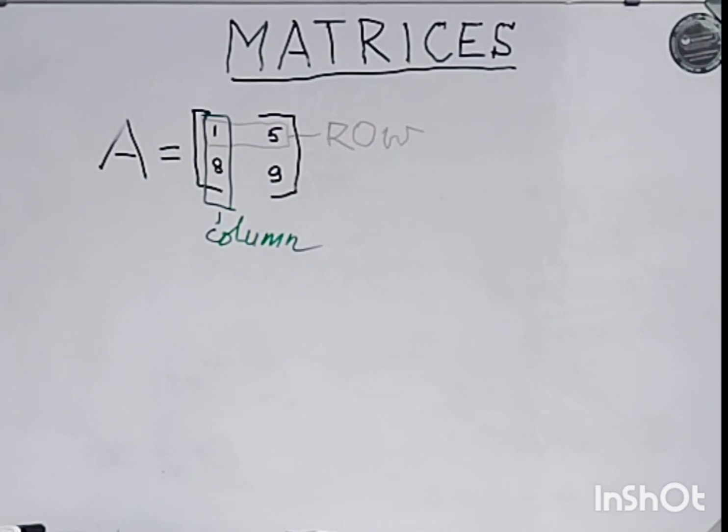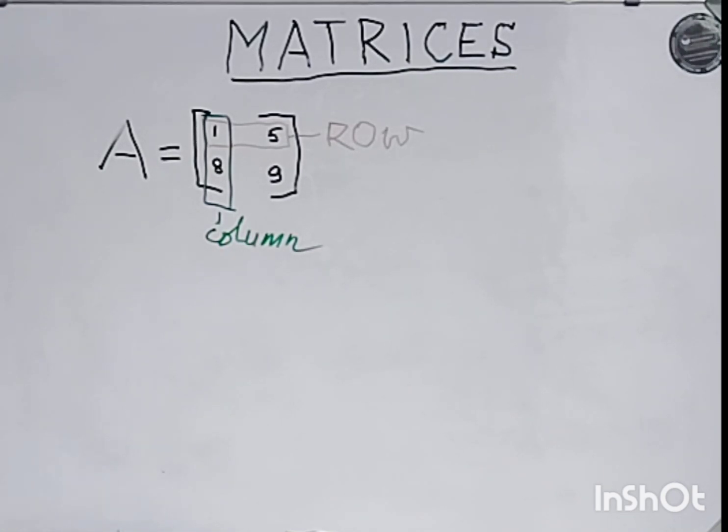So therefore, in the matrix A, there are two rows, containing elements 1 and 5 and elements 8 and 9. And there are two columns, 1 and 8 and 5 and 9. This way we have to represent a matrix.